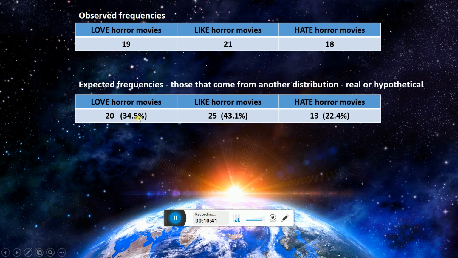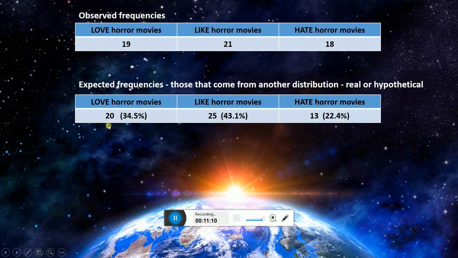So 34.5% of 58 is 20. 43.1% of 58 turns out to be 25, and 22.4% of 58 turns out to be 13. Again, you just move the decimal over 2 places, so you get 0.224, multiply that by 58, and you get your 13.